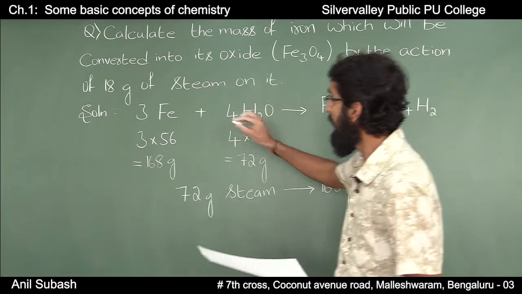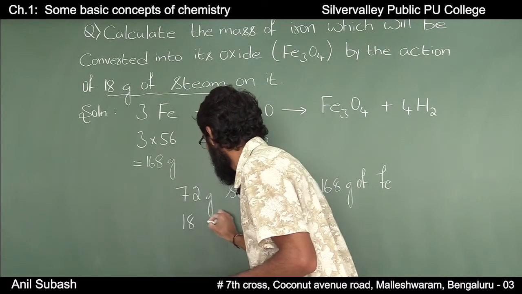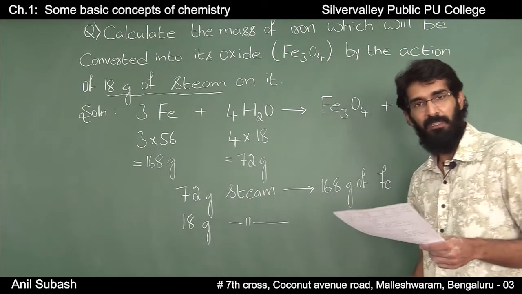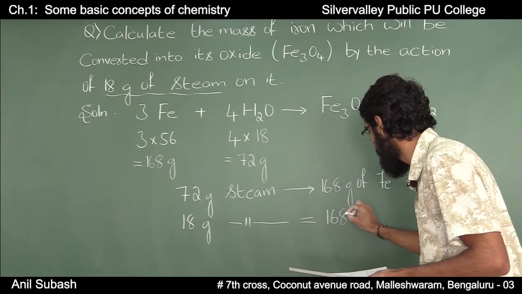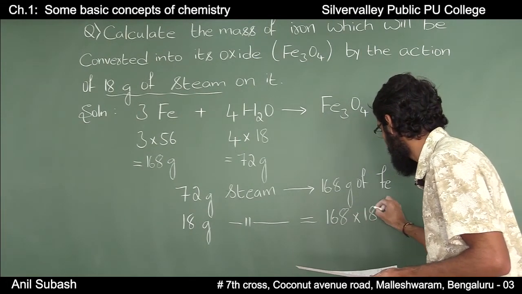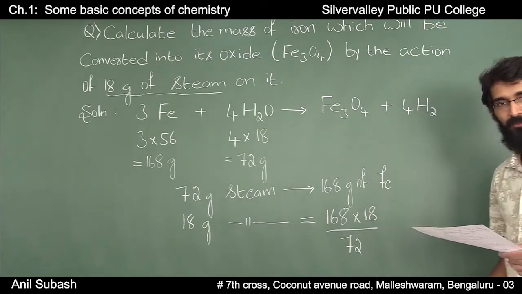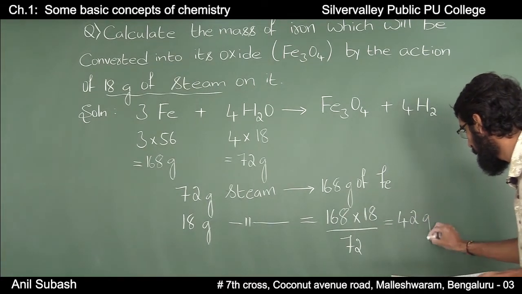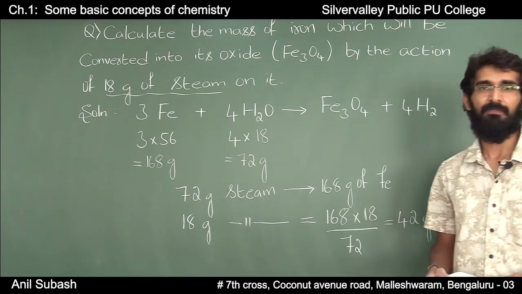Now, 18 gram of steam will react with 168 into 18 by 72, that will be equal to 42 gram of iron.